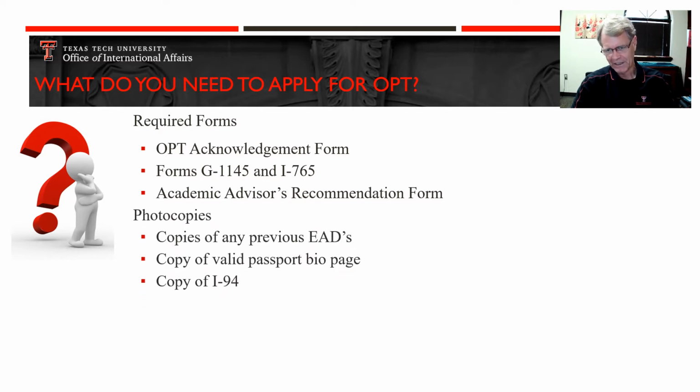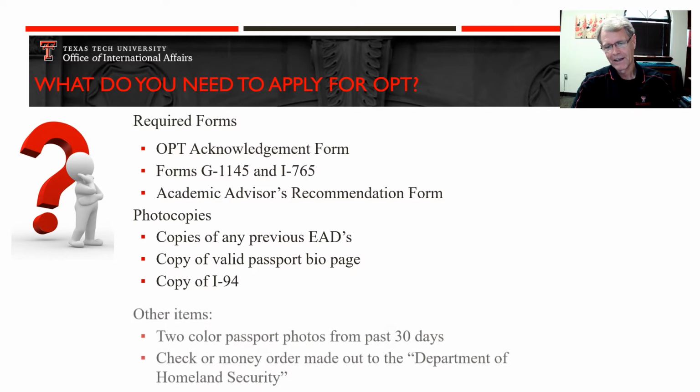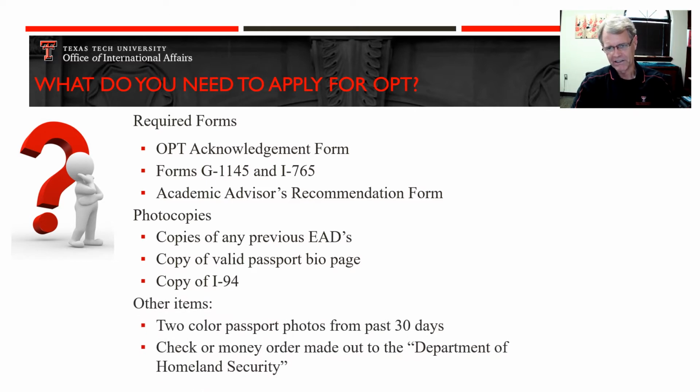When you send the application in, some of the things that you will need to include will be copies of any previous EADs, a copy of your valid passport bio page, and a copy of your I-94. Some of the other items that you will need will include 2 color passport photos from the past 30 days.